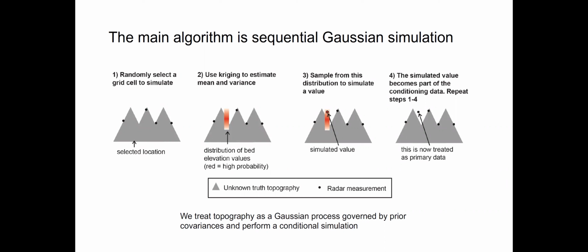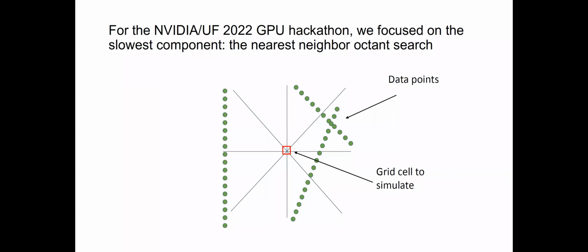And we have found that the slowest step in this algorithm is the nearest neighbor search. The nearest neighbor search is when we have a grid cell we want to simulate, and there are other measurements of the bed nearby. We need to find what the nearest neighbors are so that we can use all of that information of nearby bed values to create a conditional distribution of what we think the bed elevation value is to get this probability here.